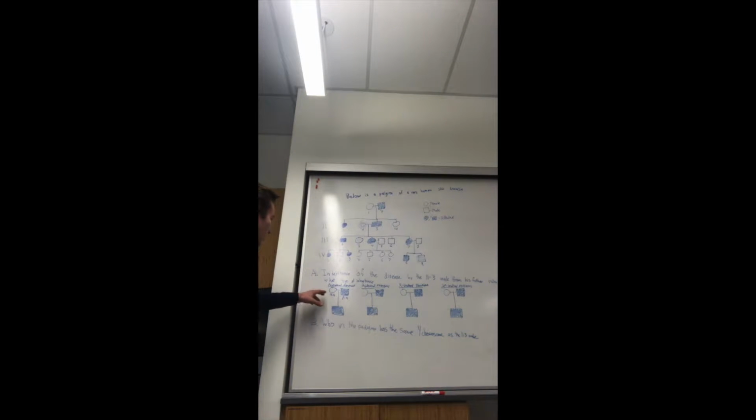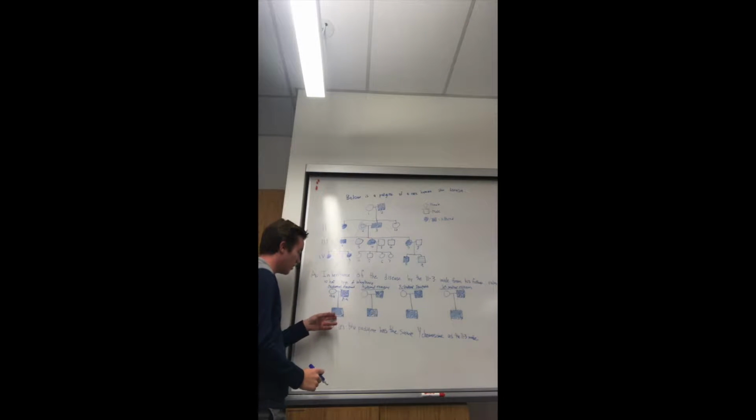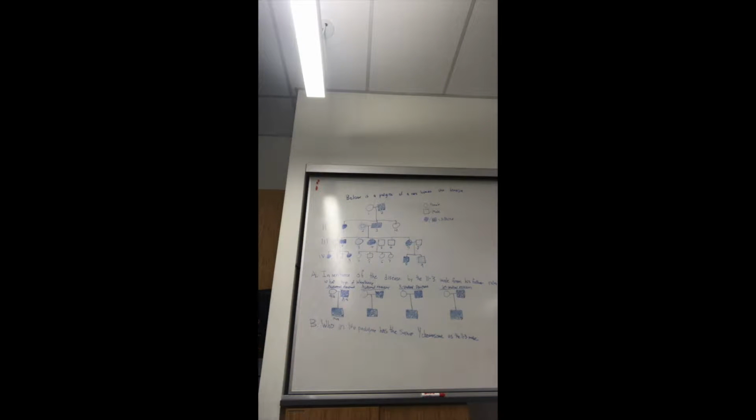And so if the father was this, the male offspring could inherit any combination of genes from both of the parents. So it's possible that the offspring could inherit the dominant gene from the father, and then the recessive gene from the mother, and it'd still be affected. Okay. So we can't completely rule that out.